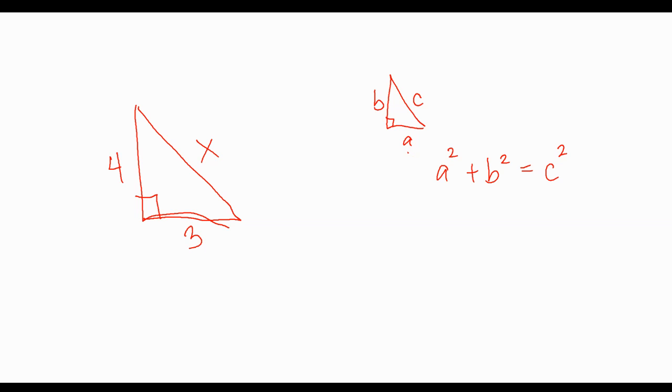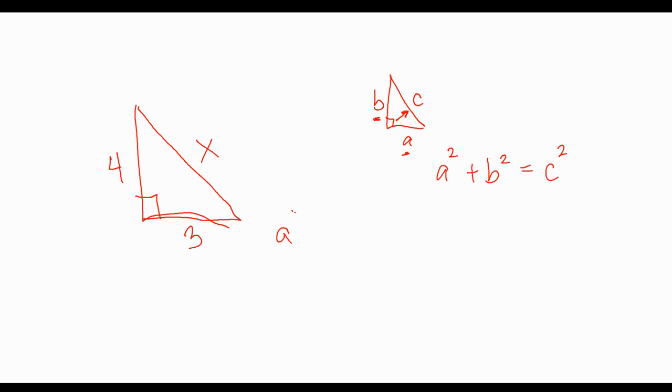A could be here or B could be here. But for this case, I have A here and B here. Now, C always has to be the hypotenuse, and we know the hypotenuse is the longest side, also the side that is directly across from the right angle. Okay? So using this information here, we'll find the missing side.